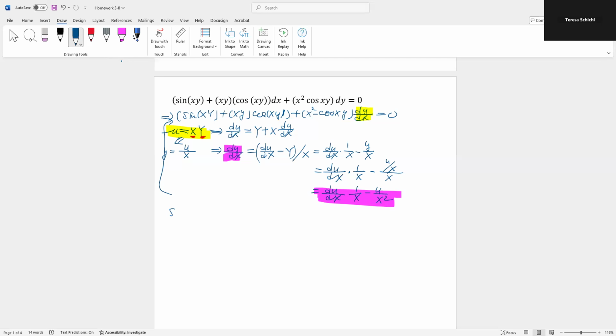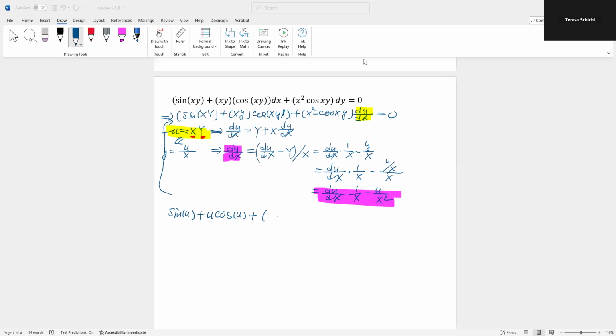So now this will be sine u plus u times cosine u, and then x squared cosine u. So in here, the first thing is I need to try to separate these ones here. Okay, so let's do this.